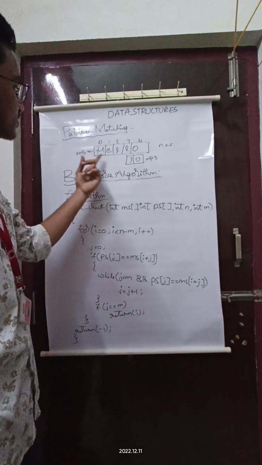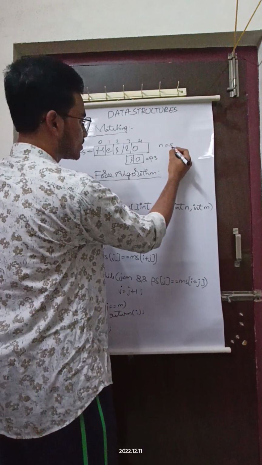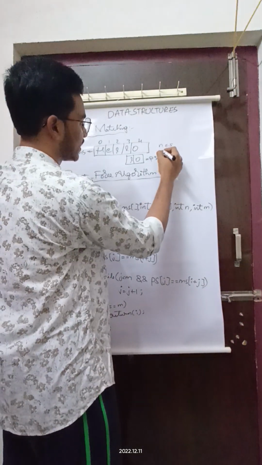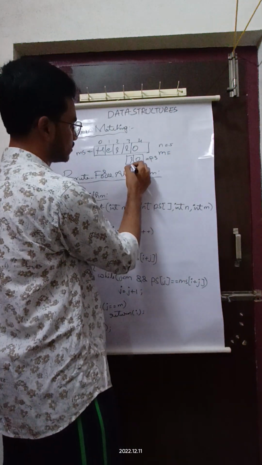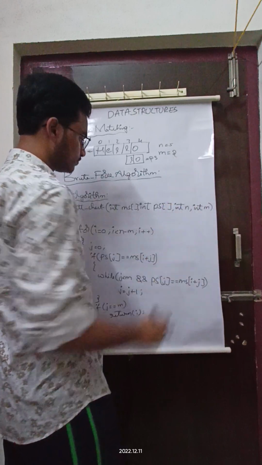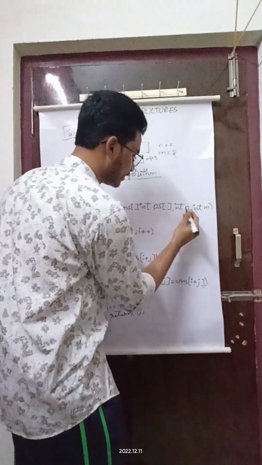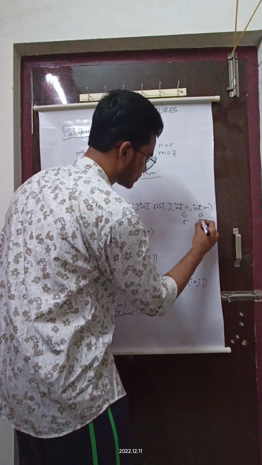I have taken the main string as hello and the pattern string as LO. The main string length is 5, taken in the variable n, and the pattern string length is 2, taken in the variable m. So we got n as 5 and m as 2.